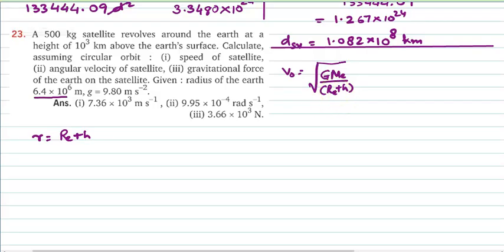See, in these problems, the only thing that is going to create a problem for you is how you are substituting the data in the formula. So Re, कितना दे रखा है इस केस में?